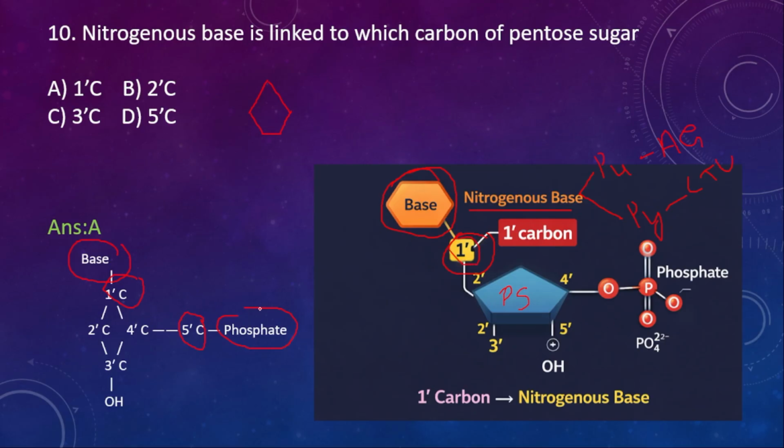If I ask where the phosphate group is going to attach, it is going to attach at the fifth carbon, and the OH group is going to attach to the third carbon of the pentose sugar. I hope this is clear.